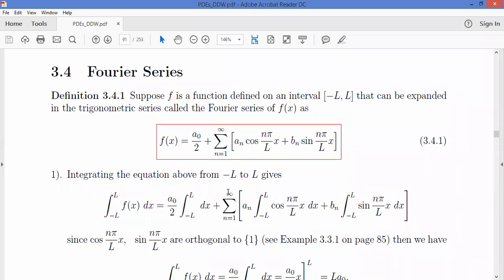Now, some books you may find them summing from, I'm hoping you guys are with me, especially the Kuramas. A Kurama may bump into another book with a slightly different notation, and then he will jump around saying he has been given a catch. So this is a naught over 2 plus, here we are summing from n equal to 1 to infinity.